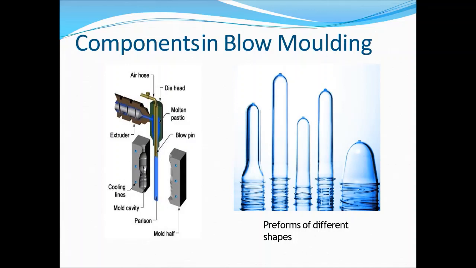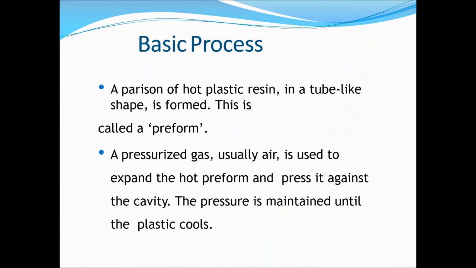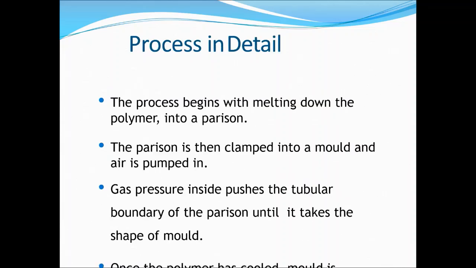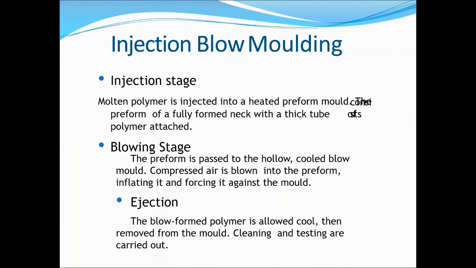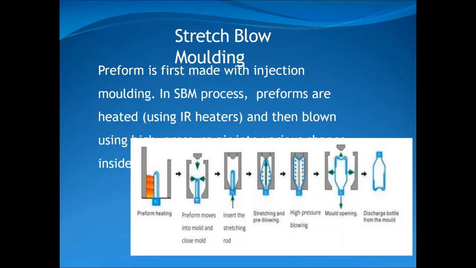A portion of hot plastic resin in a tube-like shape is formed. Stretch blow molding is first made with injection molding and then the SBM process.